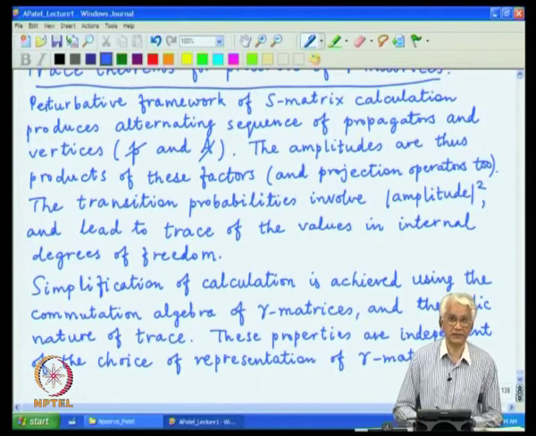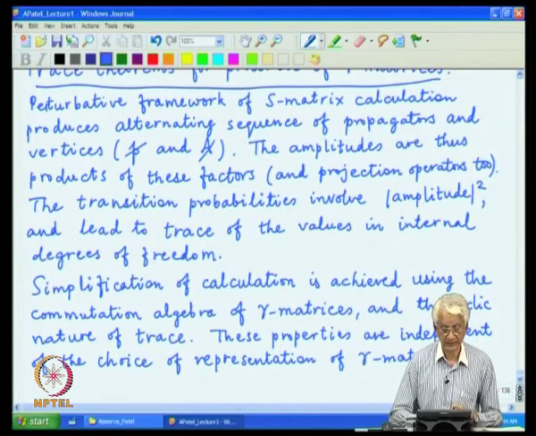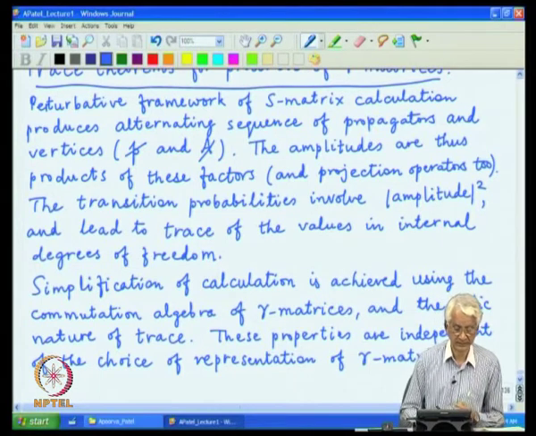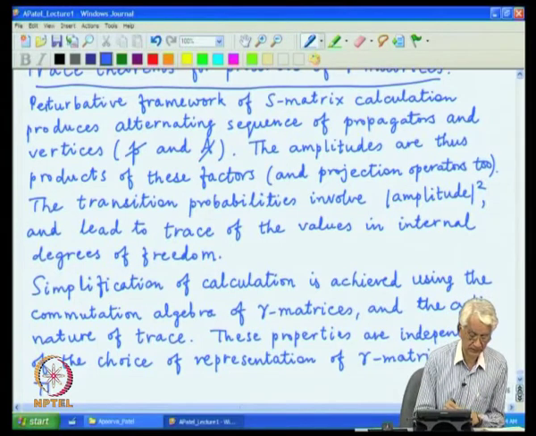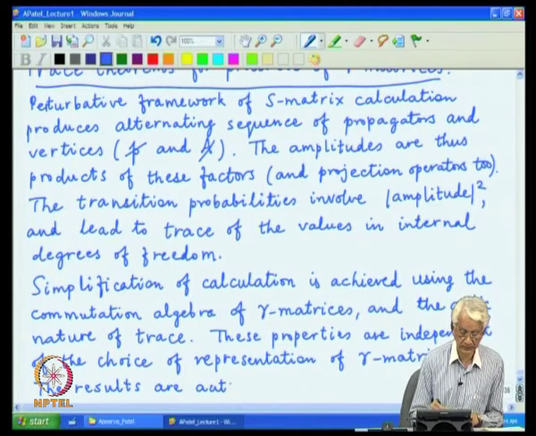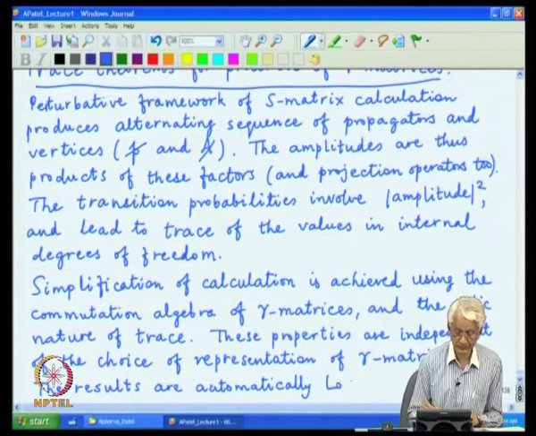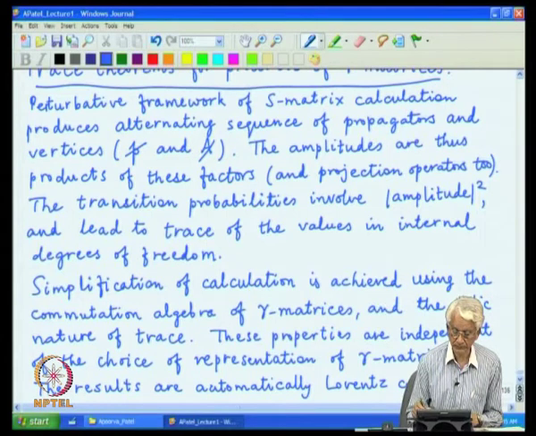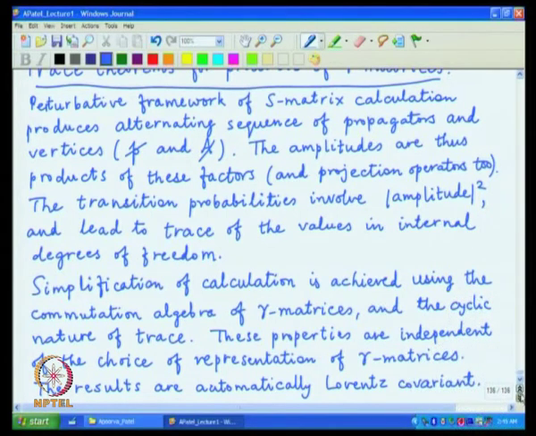That is extremely helpful because you can ultimately check the Lorentz covariant nature of these expressions rather easily. If you choose a particular representation, then the Lorentz covariant properties are not so manifest. So, the results are automatically Lorentz covariant.